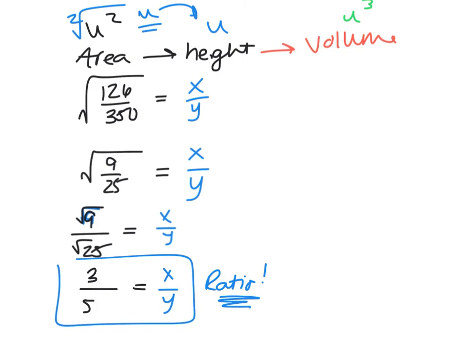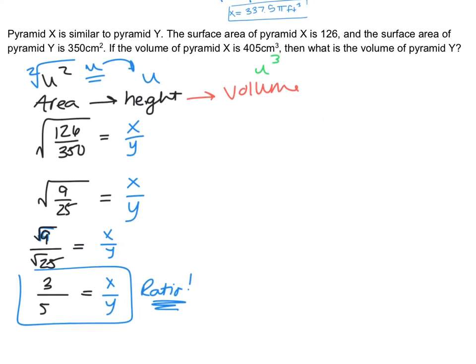So now, if I want to find the volume of pyramid Y, what I'll do is I'll set up my ratio of height to volume. So my height is 3 over 5.